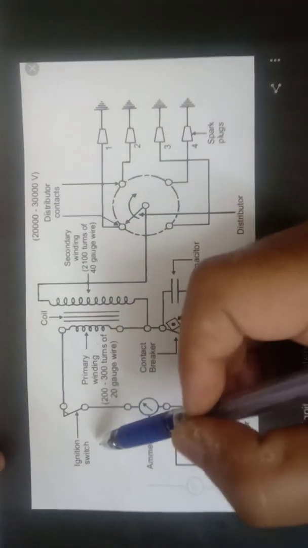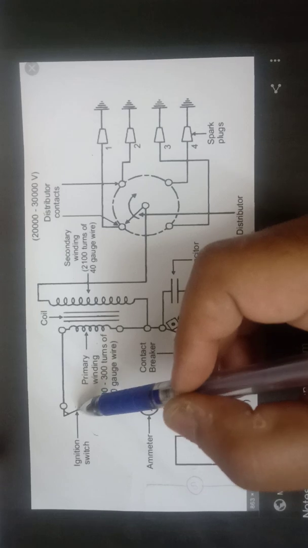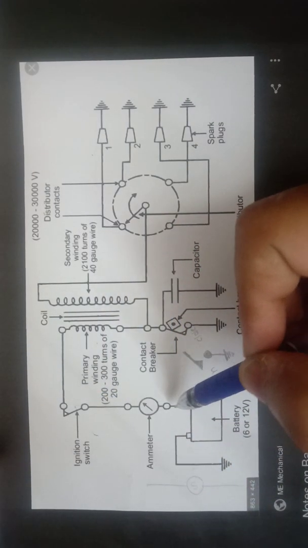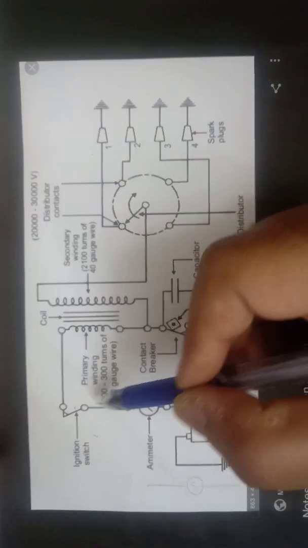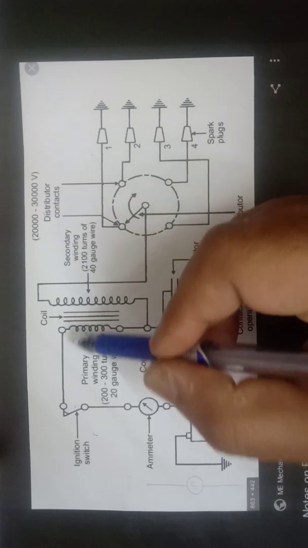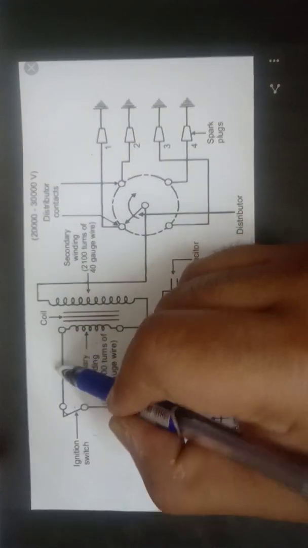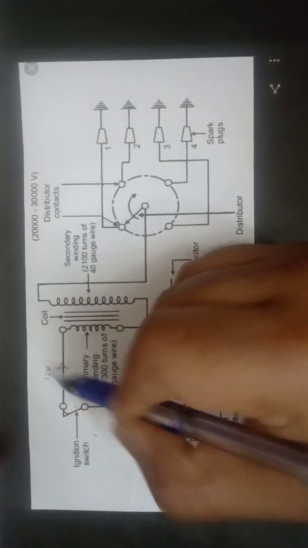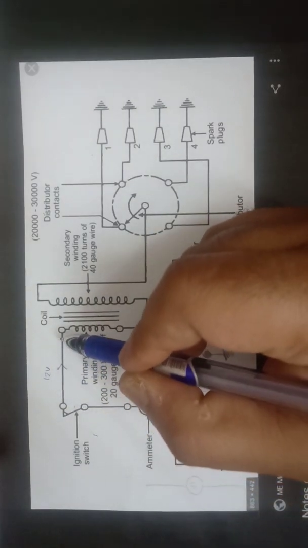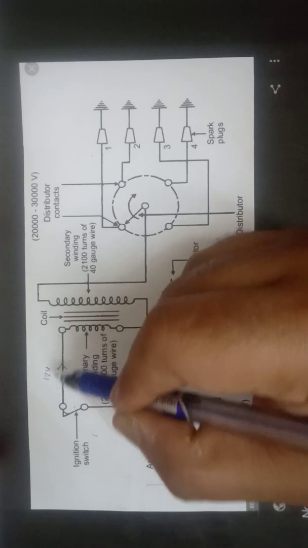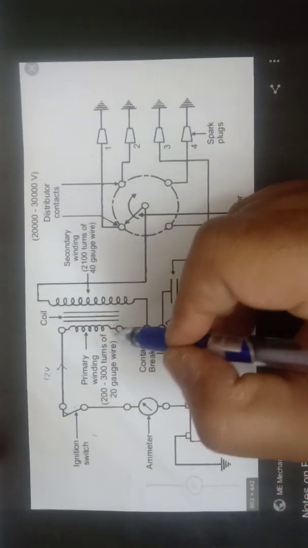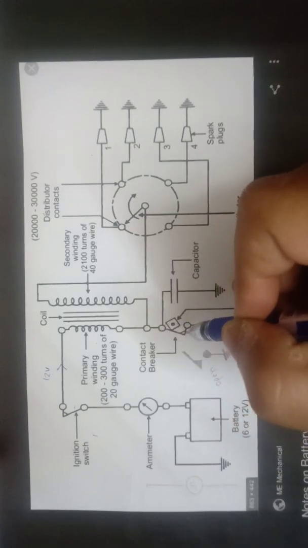When the ignition switch is in the on position, all the current from the battery goes through the ammeter to the primary of this high tension coil. This is 12 volt DC current coming from the battery. So the 12 volt DC current will pass through the primary winding, and through the primary winding it goes through the contact breaker point.